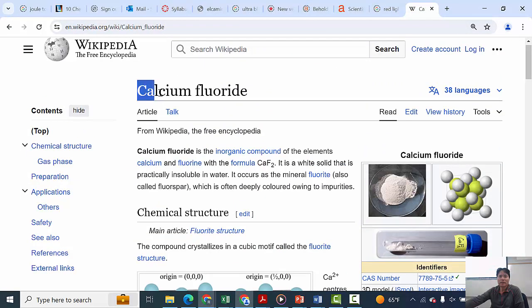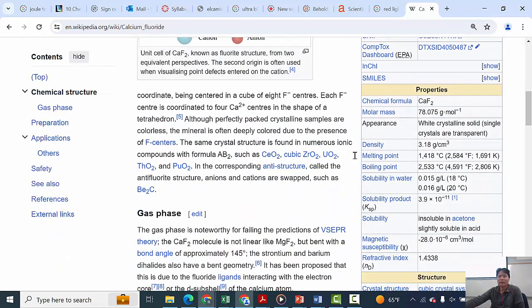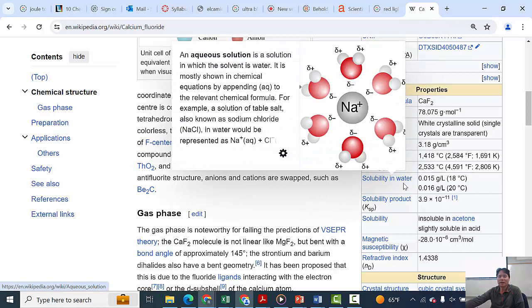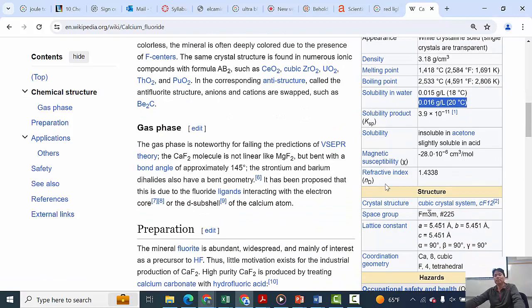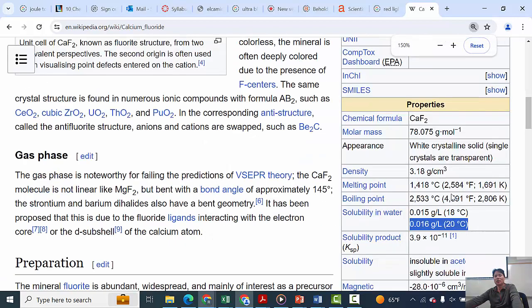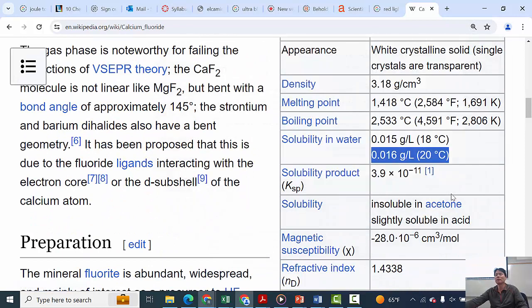So this is the Wikipedia entry for calcium fluoride. And we have the solubility data here. At 20 degrees C, the solubility is 0.016 grams per liter.